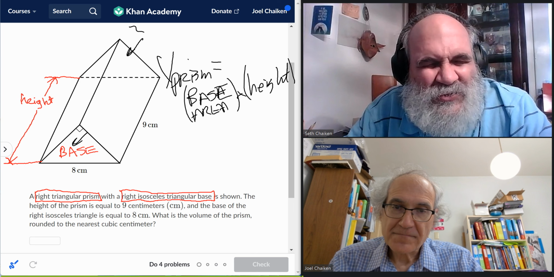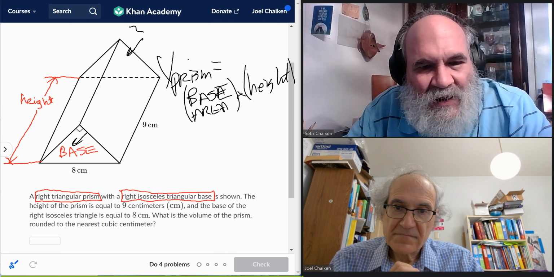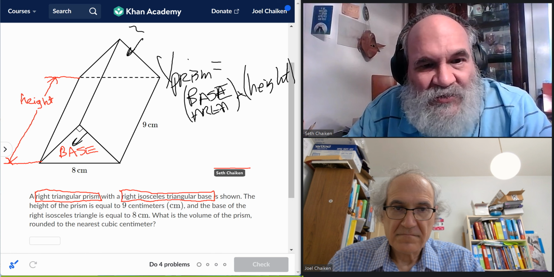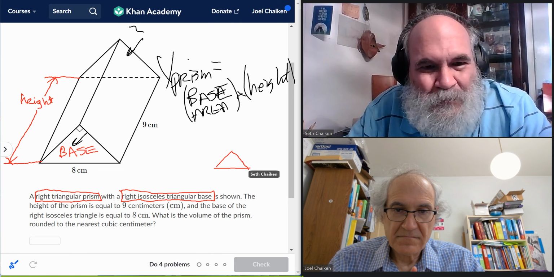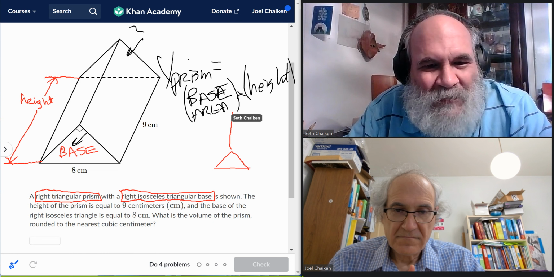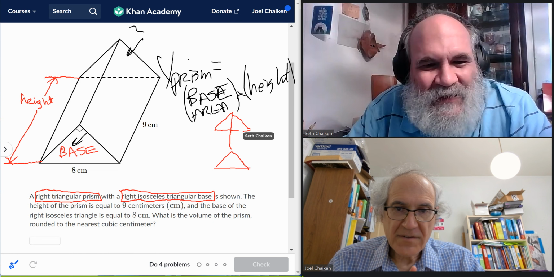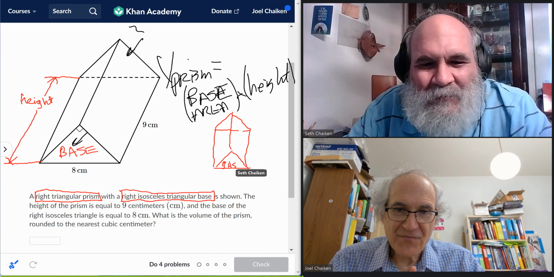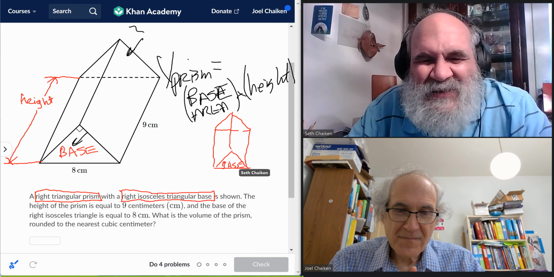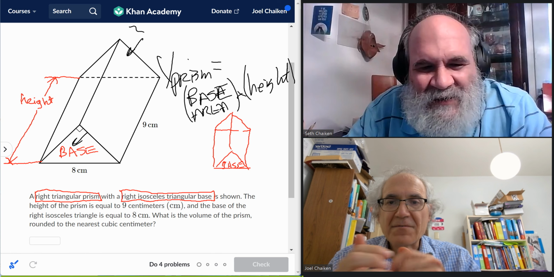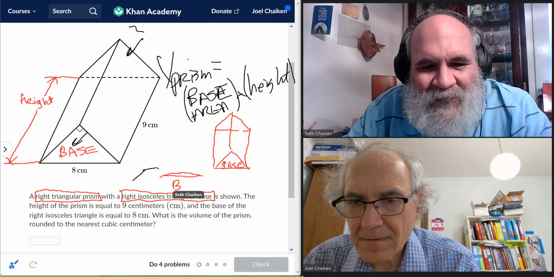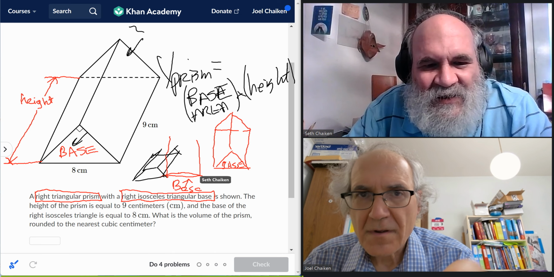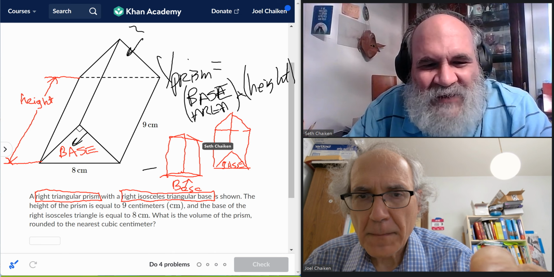Well, the way they drew it forces you to read the question. Typically, in school they would show this picture, where they would put the base on the bottom, and the rest of the prism is above it.